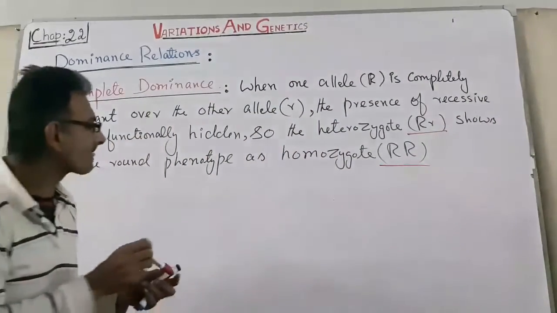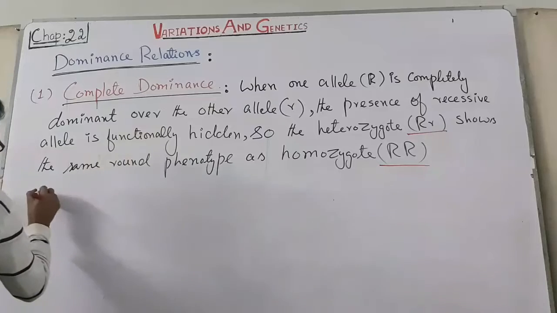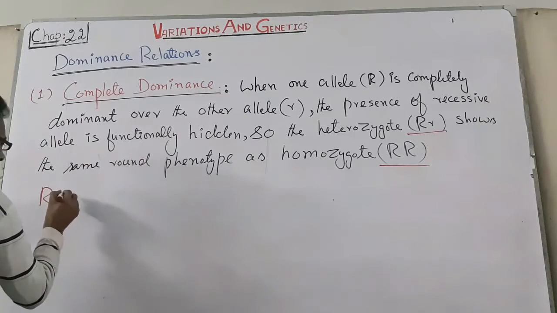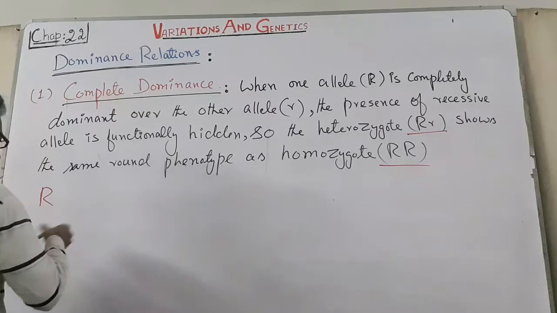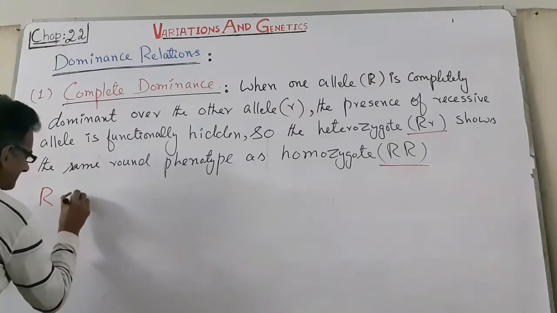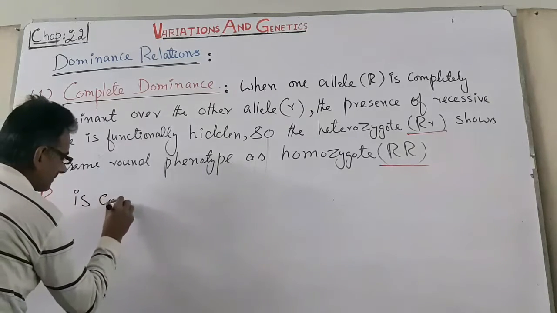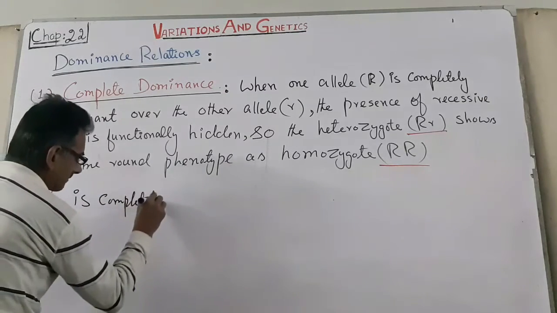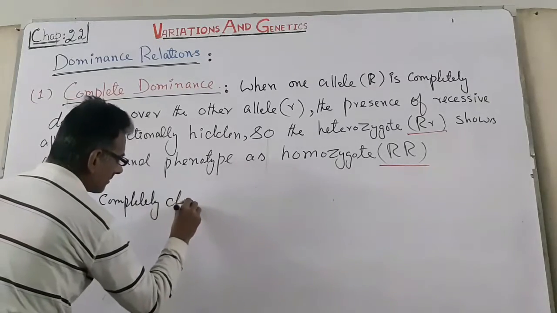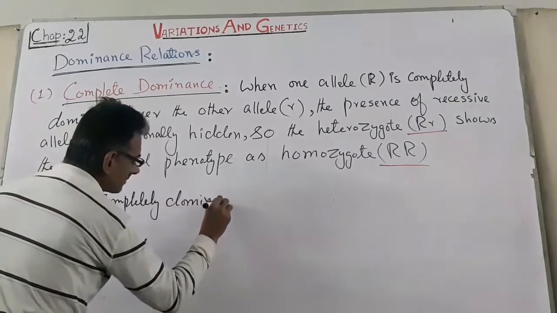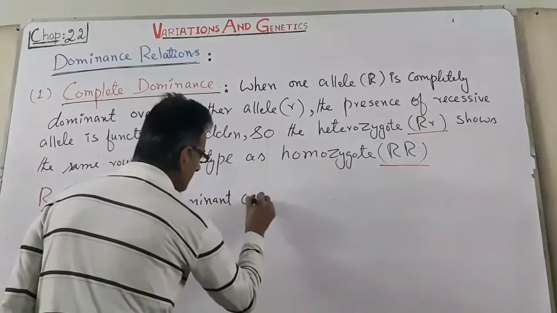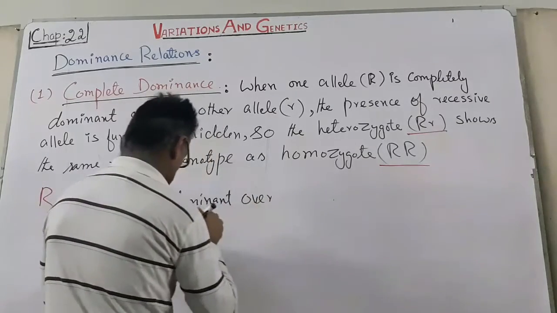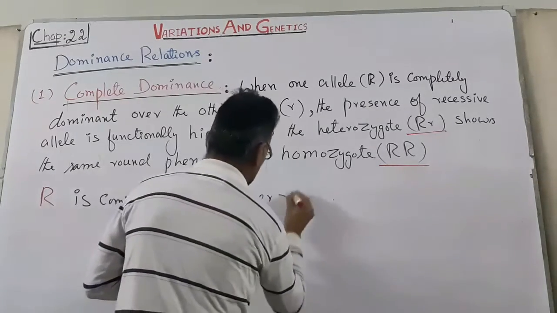See over here, capital R is completely dominant over small r.